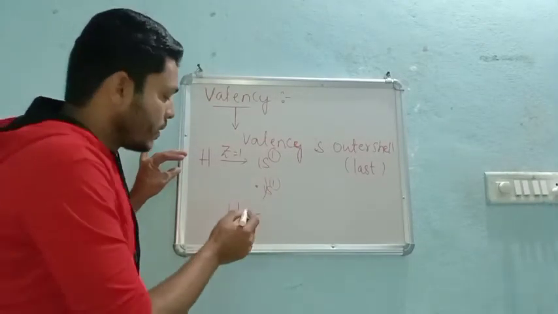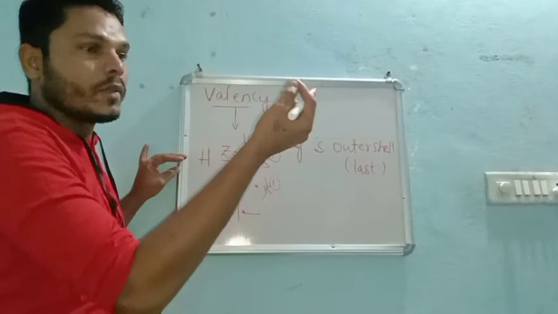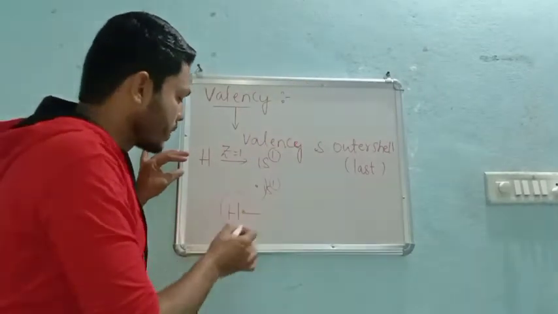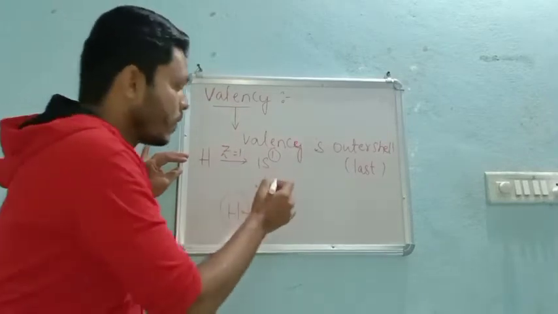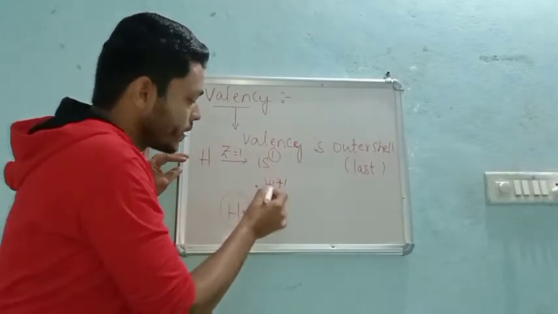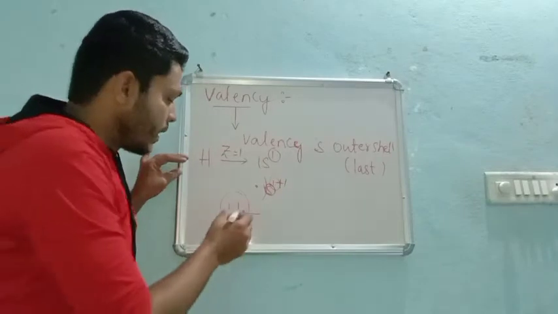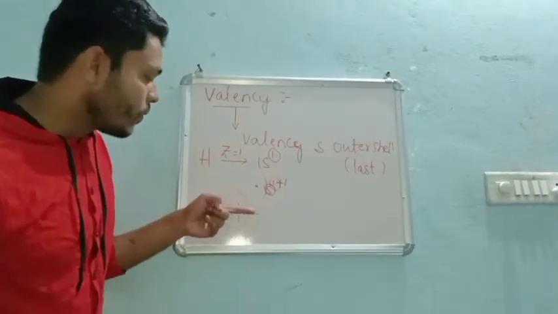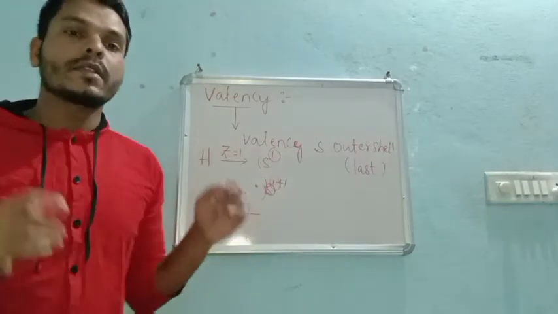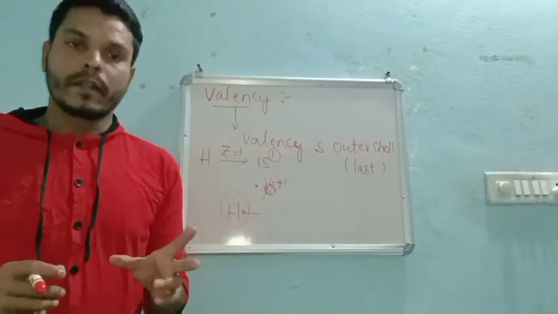It has only one electron. To complete its octet state, I mean stable state, it requires one more electron to complete this s subshell. So it donates only one electron. That's why with hydrogen there is always a single bond, right?